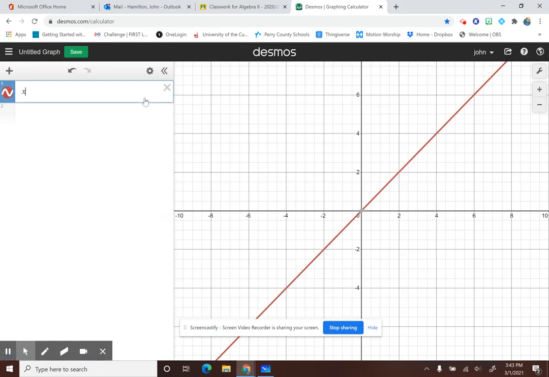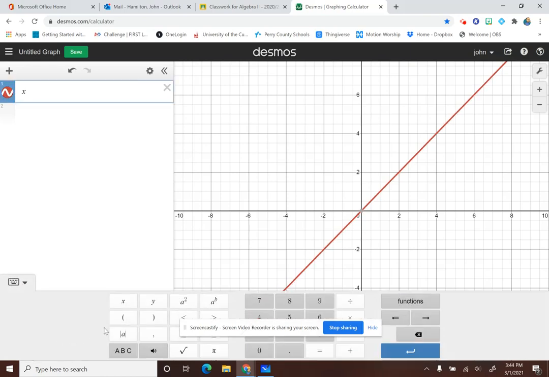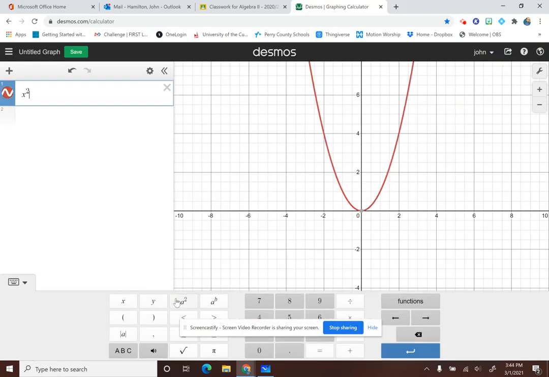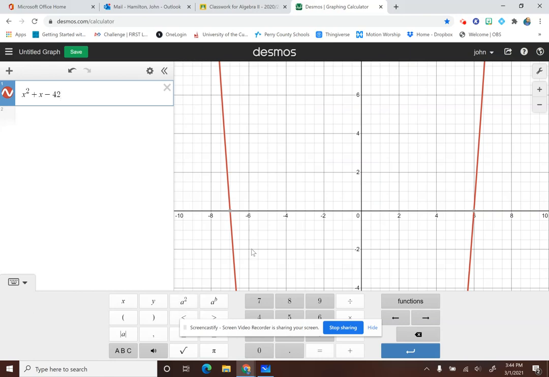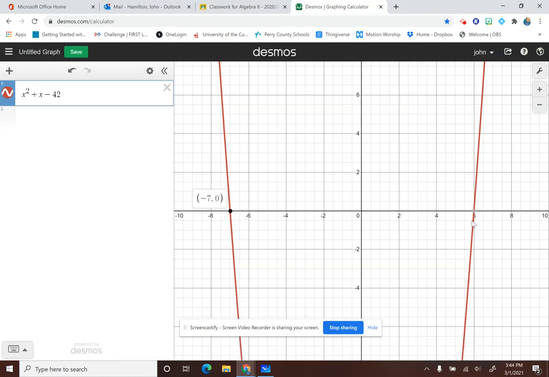And again, I'm going to do x squared plus x minus 42. I want you to notice what happens here. How many solutions do I have to this quadratic equation? Remember, my solutions are where it crosses the x-axis. And you'll notice here, I do have 2 solutions.